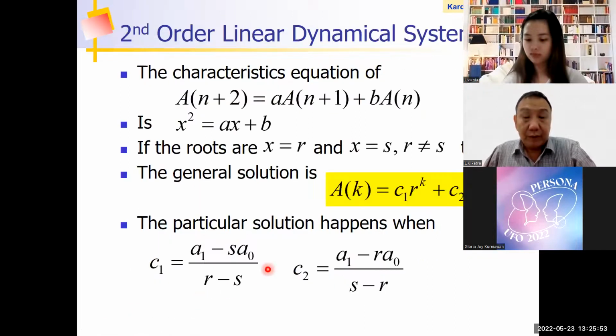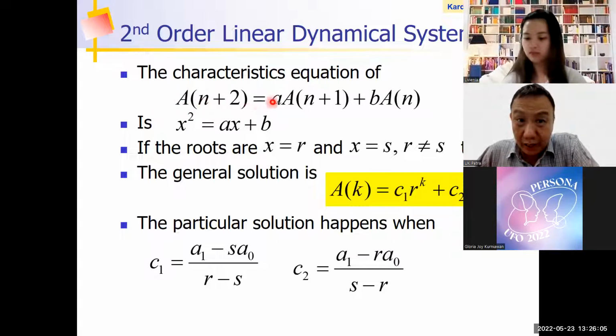So now if you have two equations become one, this is what you will get: An plus 2 equal to a times An plus 1 plus b times An. Here a and b are parameter constants. This is a second order equation with two constants a and b.